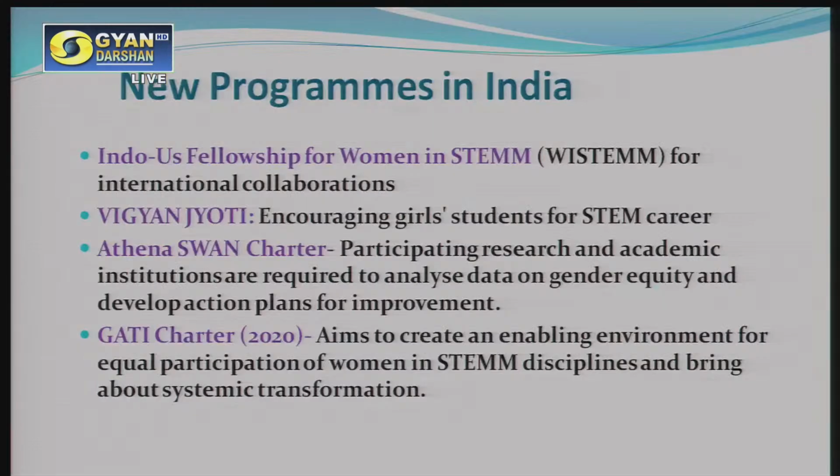Then Vigyan Jyoti, which encourages girl students to take up STEM careers. Then the Athena Swan Charter, where participating research and academic institutions are required to analyze data from a gender perspective, like gender diversity and equity, so that they can develop action plans for bringing real improvement at the institution level.